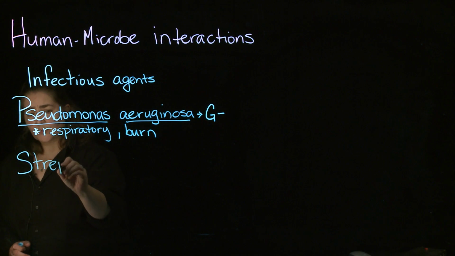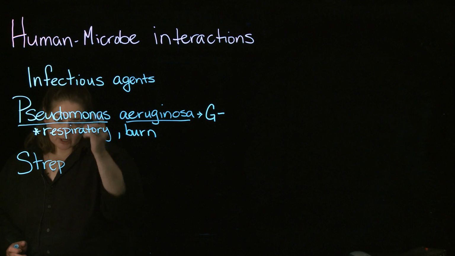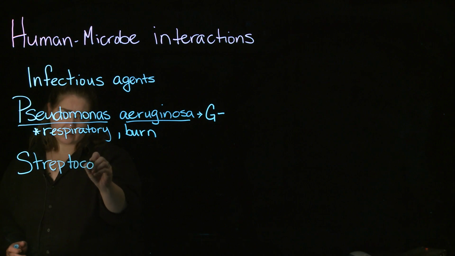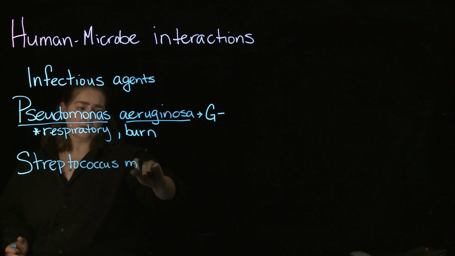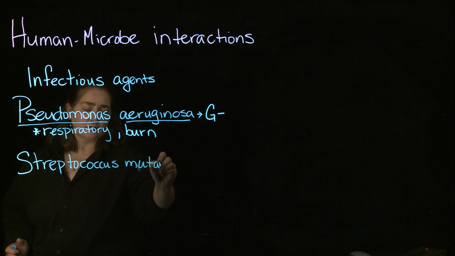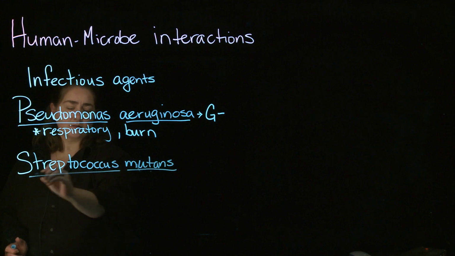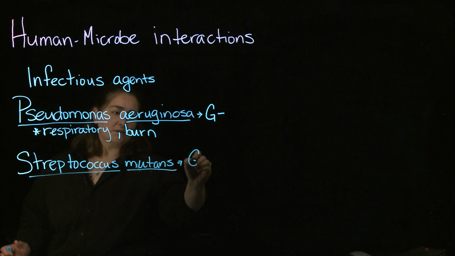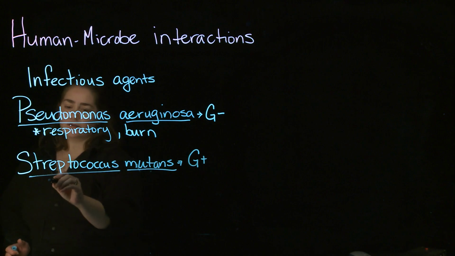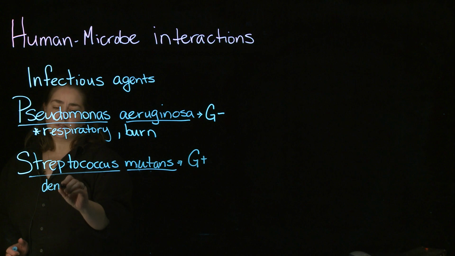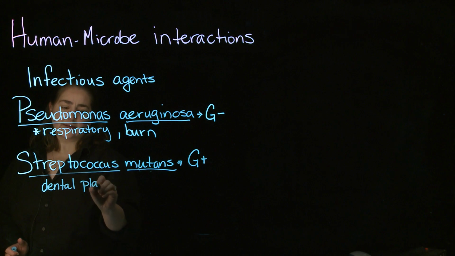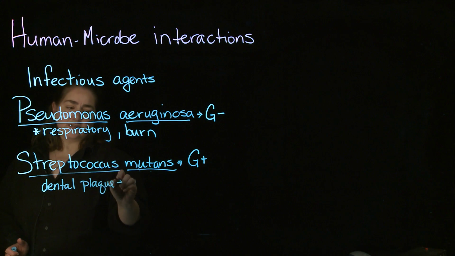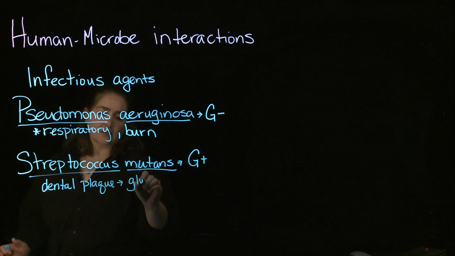One that I mentioned briefly when we were talking about biofilms was Streptococcus mutans. Streptococcus mutans is a gram-positive bacteria. This is going to be primarily the bacteria associated with dental plaque.